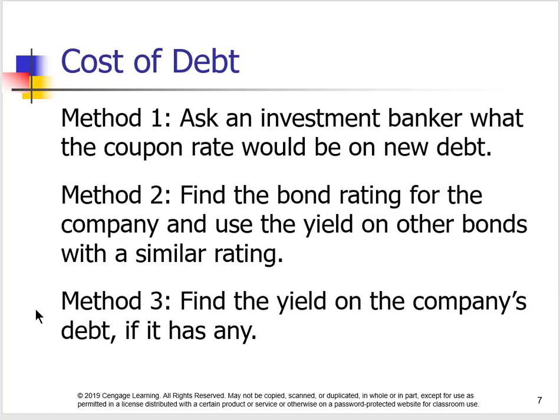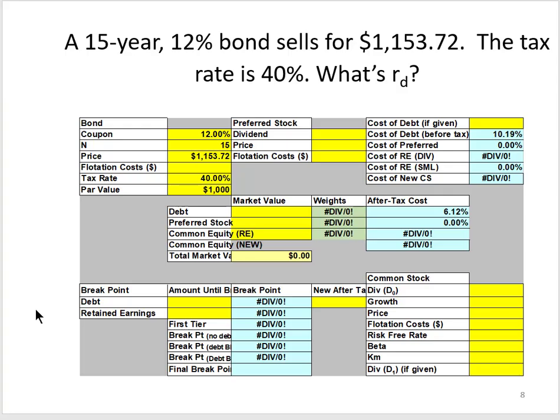So in other words, if we have a triple A rated debt and we're going to issue triple A rated debt, whatever companies are that are already getting triple A rated debt financed, then we could use that methodology. In addition, we could also find the yield on the company's current debt if it has any. So there are several ways we can find this cost of debt.